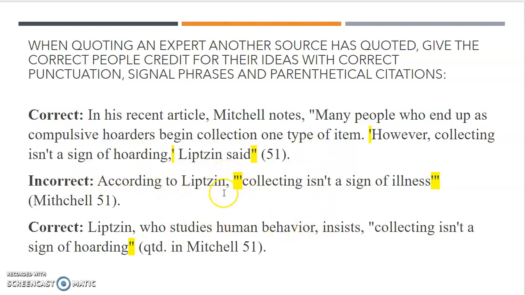Let's look at why. So the rule is, if you have a quote within a quote, but the only part you're quoting is actually from the stuff that's already in quotation marks, you don't need 3 quotation marks and then end with 3 quotation marks. So just put standard quotation marks here.